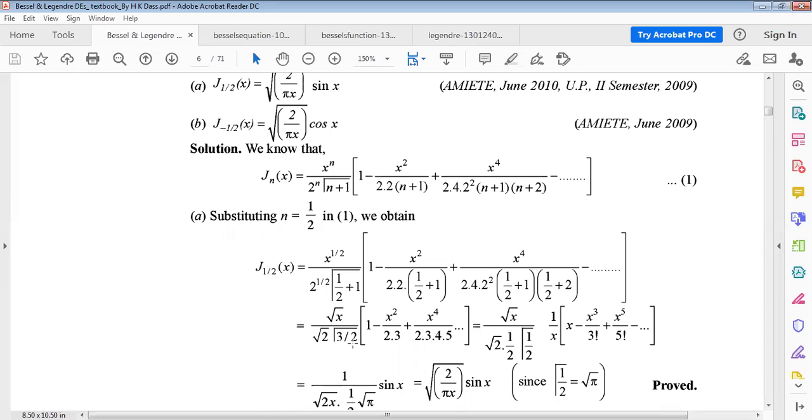Gamma 3 by 2 means half into gamma half. Gamma half, you must know from integral calculus; I have shown you the gamma function and beta function. So gamma 3 by 2 can be written as half into gamma half.